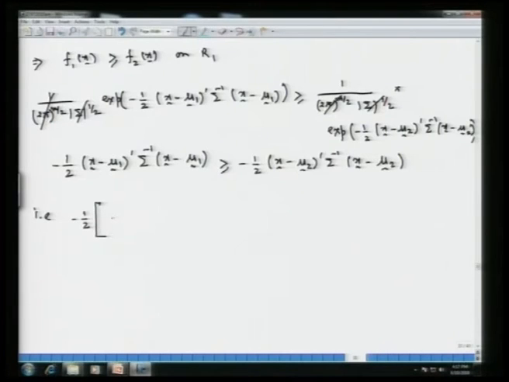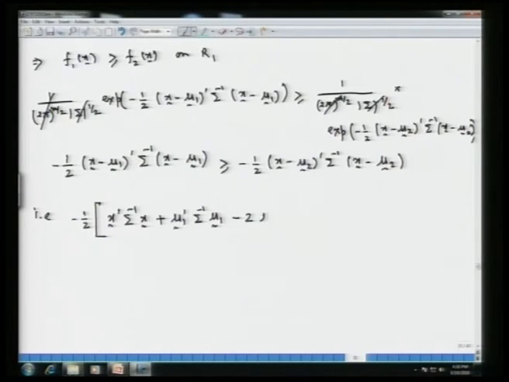So, what are the terms that we get here? We get the term x transpose sigma inverse x, and then another positive term, mu1 prime sigma inverse mu1, and then the cross product term, minus 2 mu1 prime sigma inverse x, or in terms of minus 2 x transpose sigma inverse mu1.